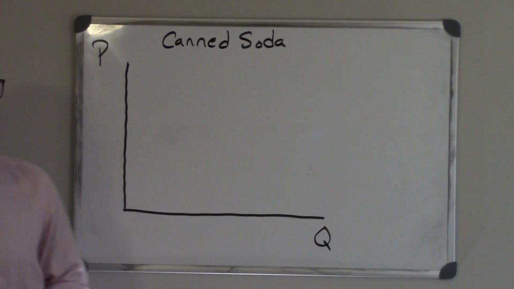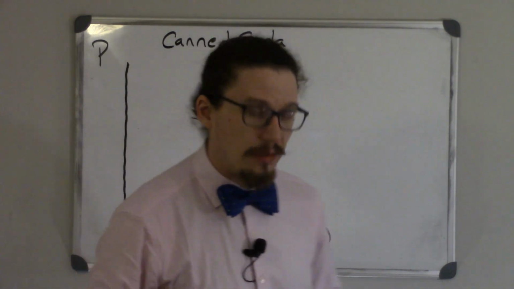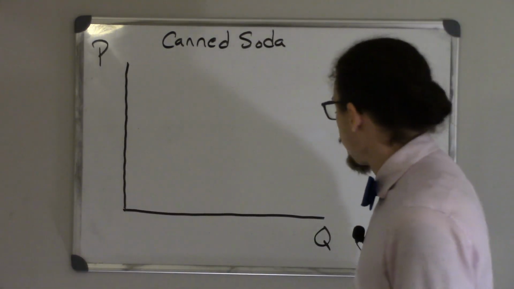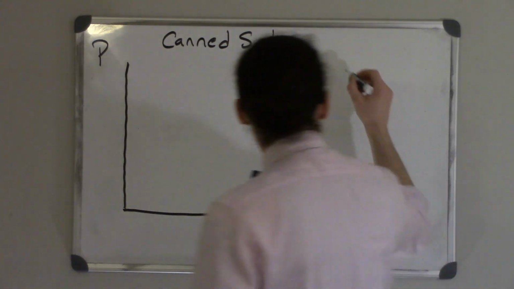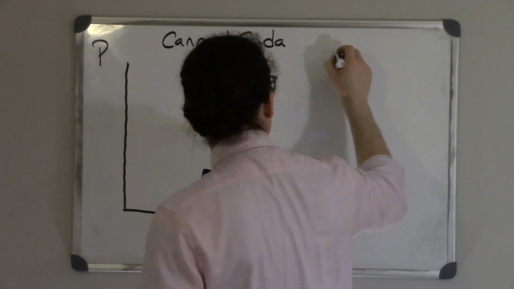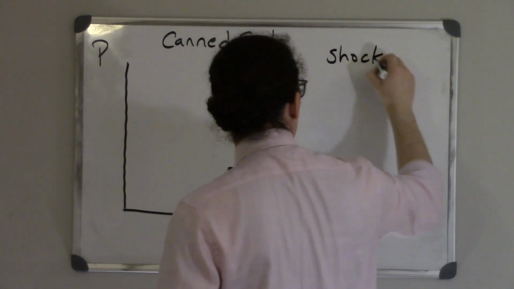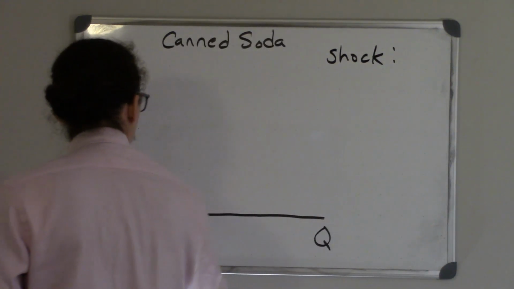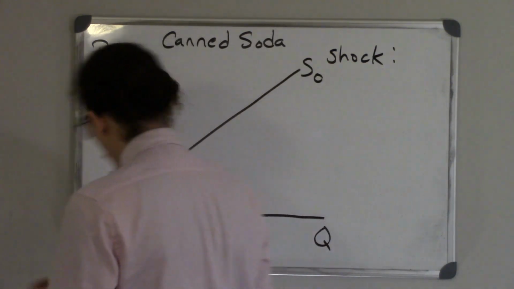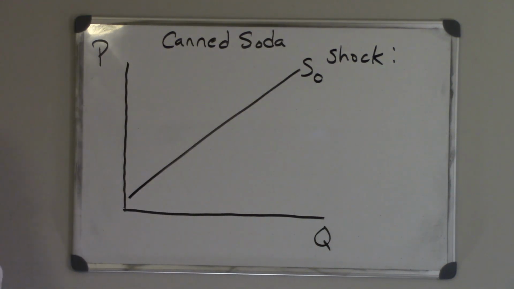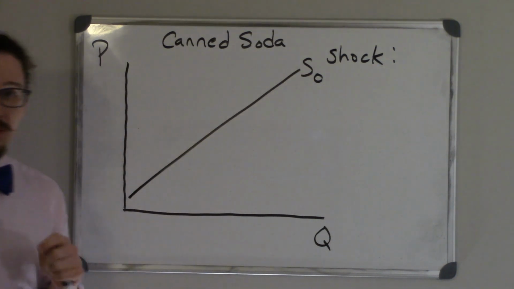So let's say that we are looking at the market for canned soda. Before we get our shock up here, let's go ahead and put in our original demand curve and our original supply curve. Remember that it needs to be upward sloping.